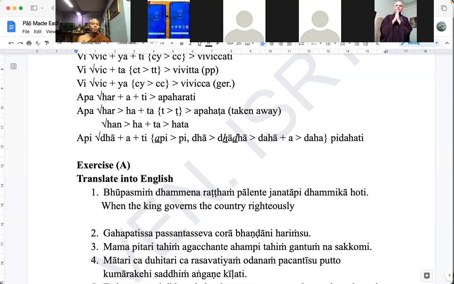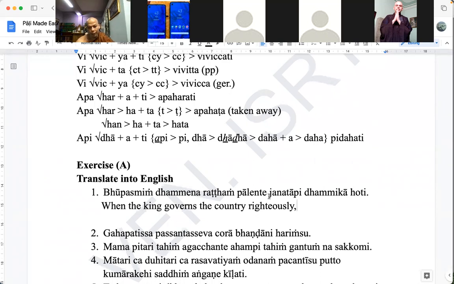So righteously. Okay. So that is the locative absolute construction. So Bhuba Samay Damina Ratan Balindi. So now one sentence we finish. That is the dependent clause.